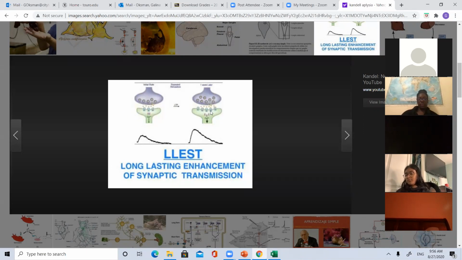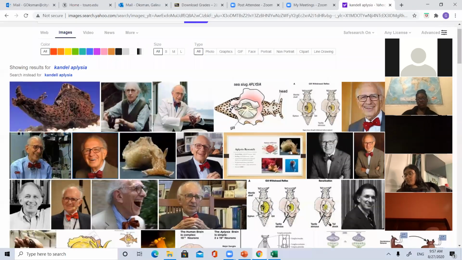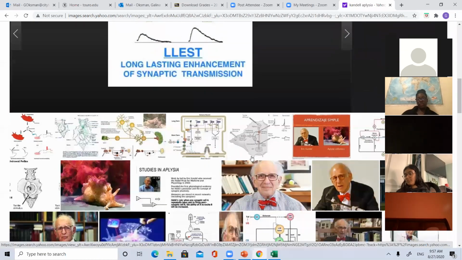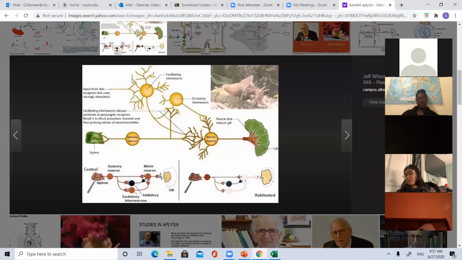The connections between the cells get stronger. So this cell produces more neurotransmitter. This cell produces more receptors. And there are also some changes in the protein synthesis that take place, okay? So memory, that for a very long time was considered something non-physiological, pretty much, okay?